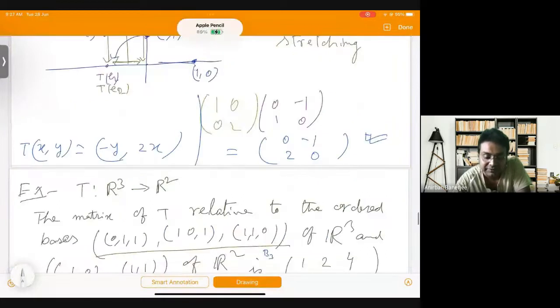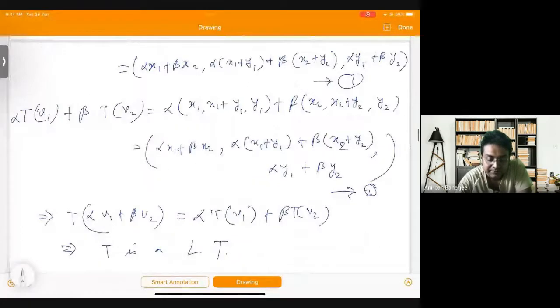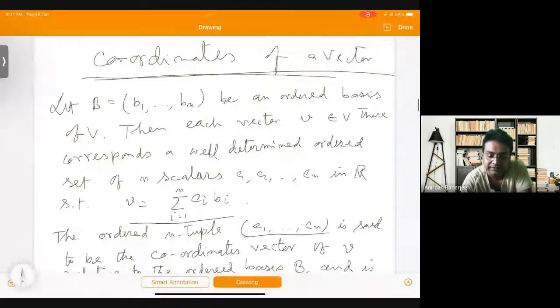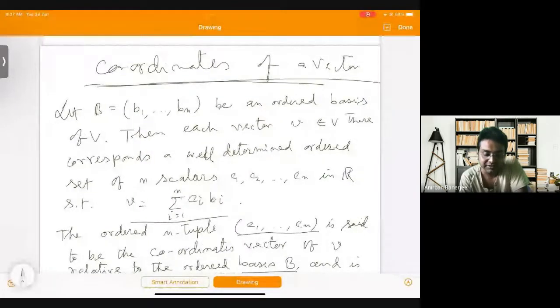Let me see if I have the notes for the coordinate system. If you look back, coordinates of a vector. If B1, B2, Bn are the ordered basis, and we say the coordinate of a vector is C1, C2, Cn, that means that vector is expressed by this linear combination, Ci into Bi.